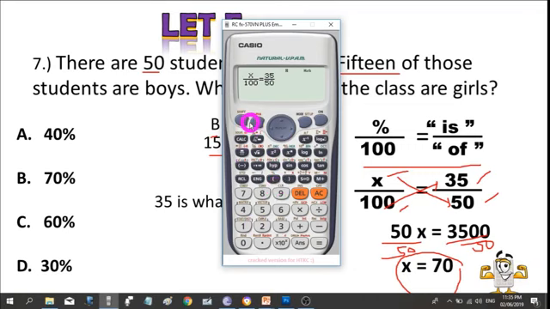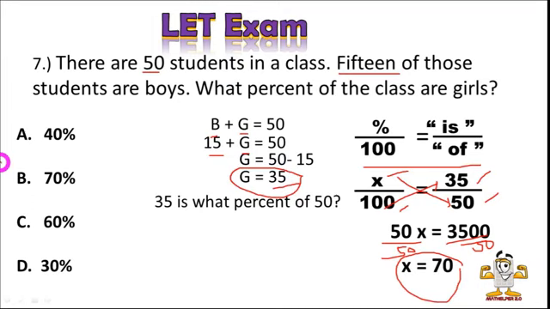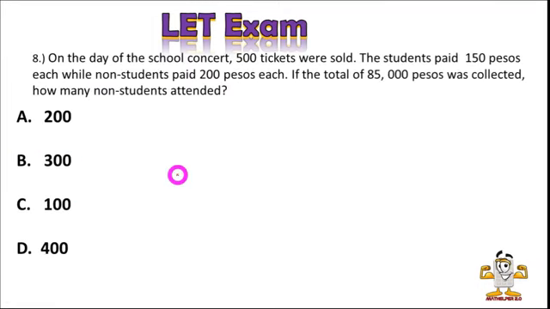So shift solve equals, so the correct answer is 70 pa rin. So 70%. Letter B.